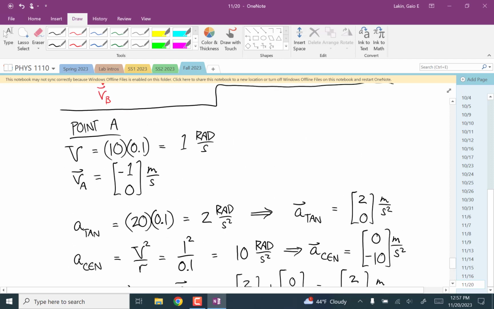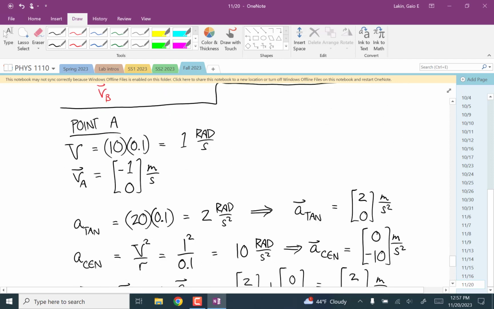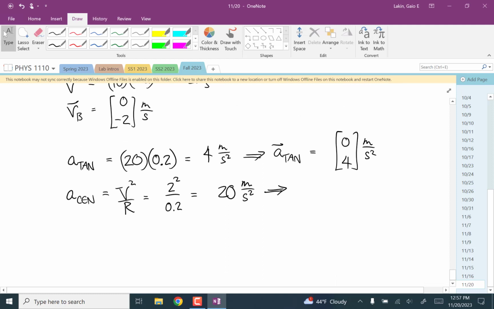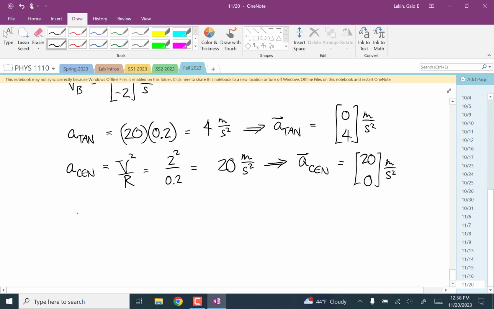And we figured out that that was pointing in the positive x direction. So the centripetal acceleration is 20 meters per second squared. And so the total acceleration of that point B is 20 for x, 4 for y, meters per second squared.